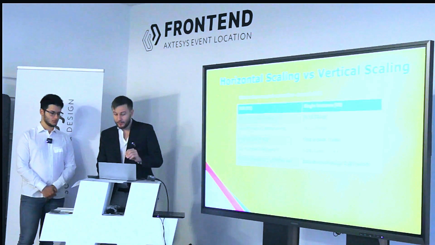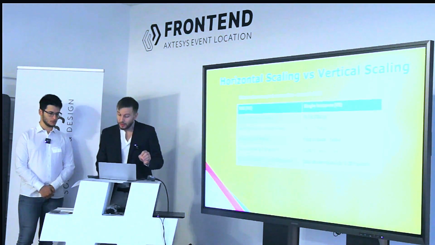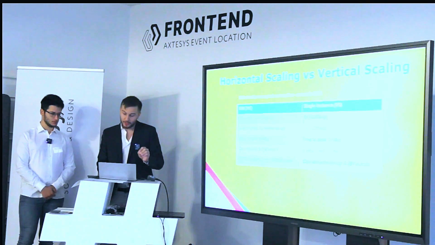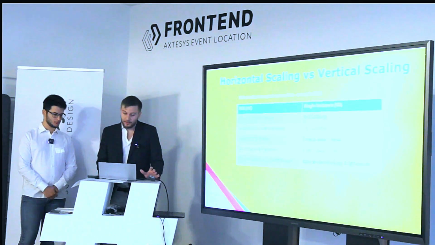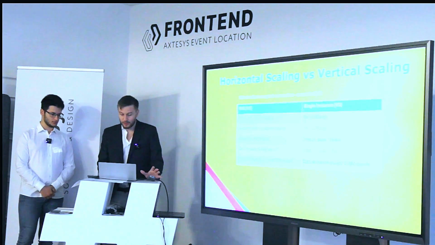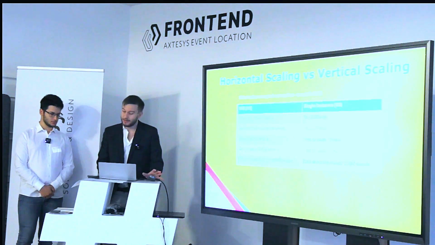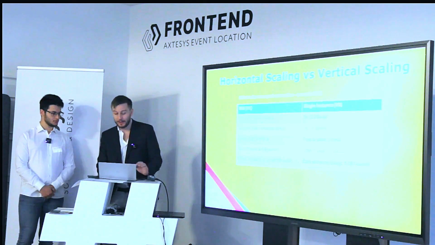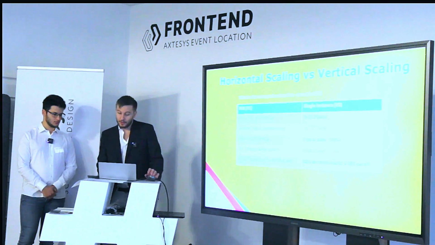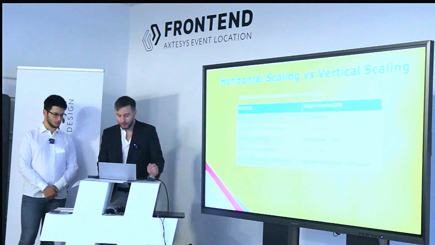On the other hand, we have a smaller cost per hour during the peak. But if we compare the normal cost per hour, we can notice that the Kubernetes infrastructure is almost 10 times less than the single instance normal use cost per hour.